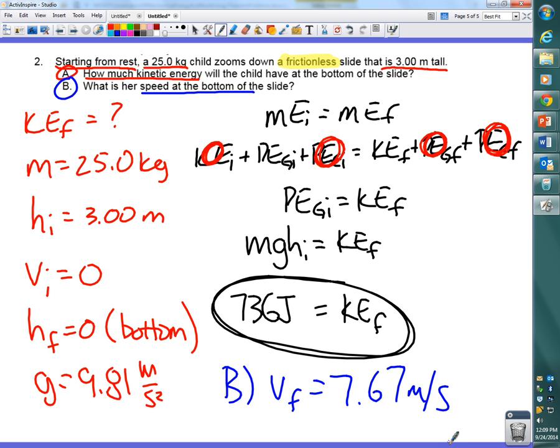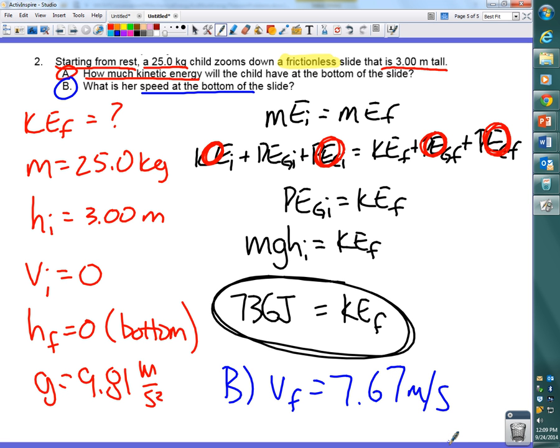If you did part A, there's the answer for part B. Alright. For homework tonight, I would like you to try number 5 and number 6 from Conservation of Mechanical Energy.